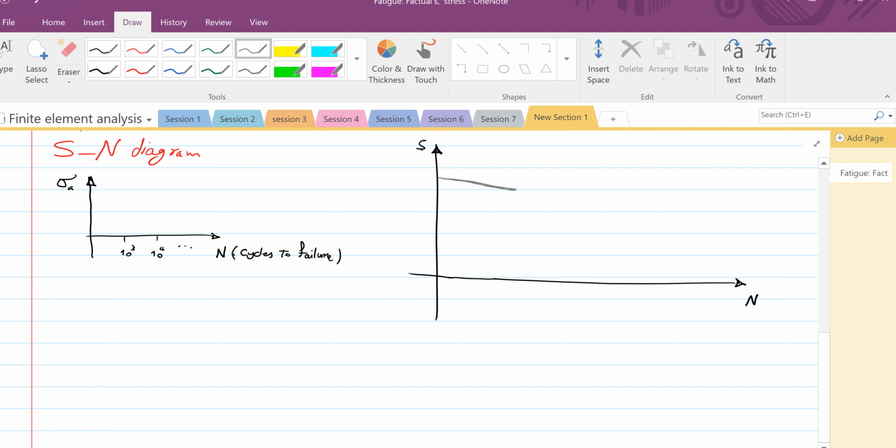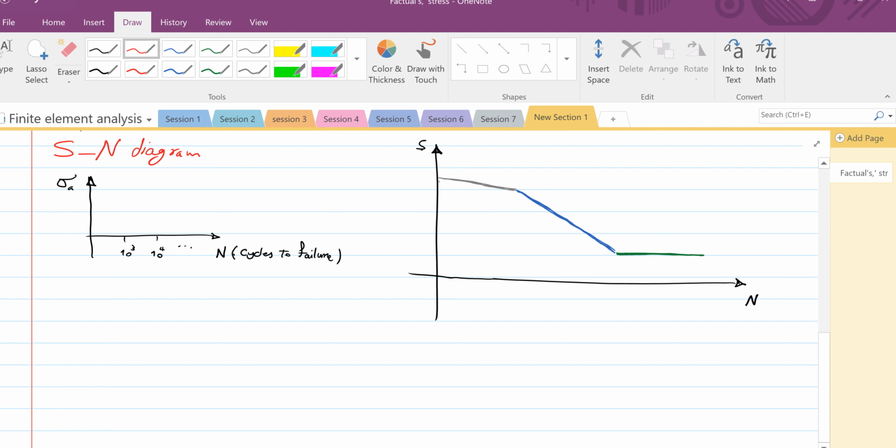Okay, first piece. Sharp decrease here. Second piece. And flat here. Okay.